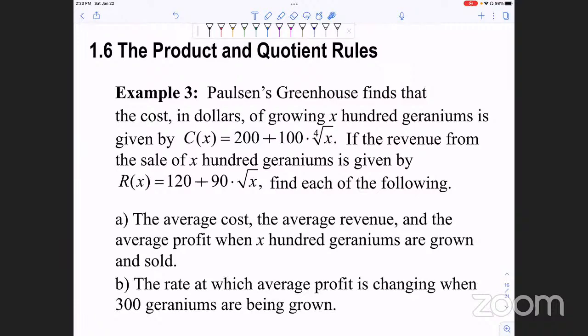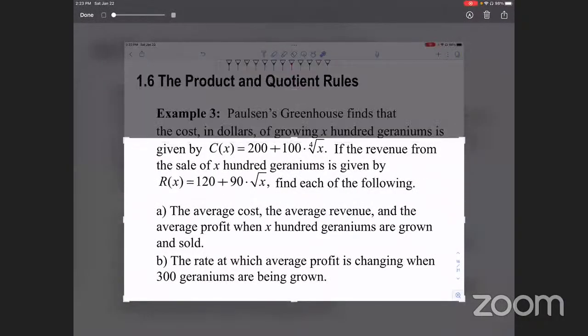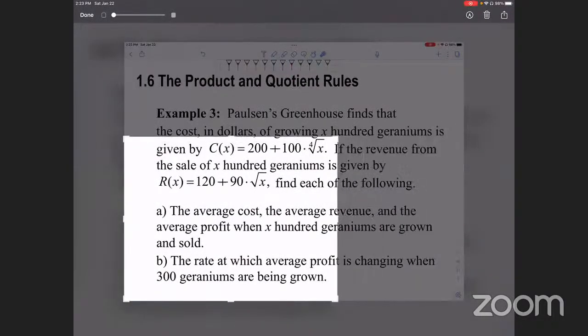I'm going to need some space. I'm going to get a copy of these functions.